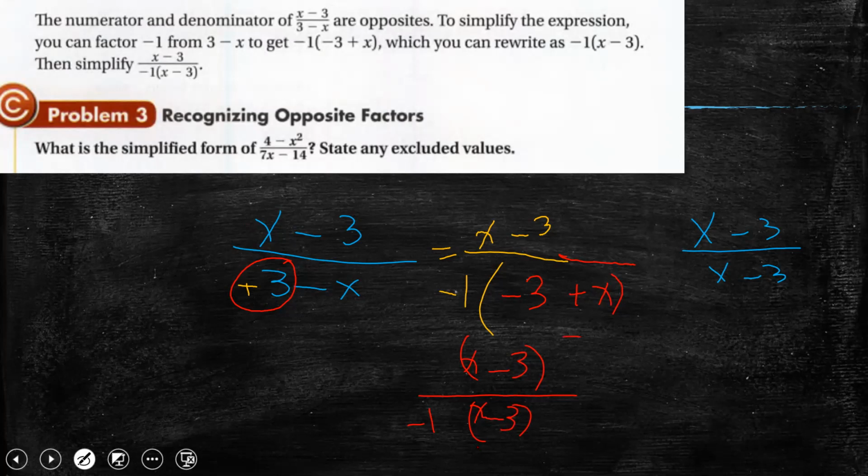Now, when you simplify them, when you cancel them, you have the answer as negative 1. So these we call opposite factors. Opposite factors are when we have the variable opposite to each other and the number opposite to each other. Both the number and the variable must be opposite. Is it clear?